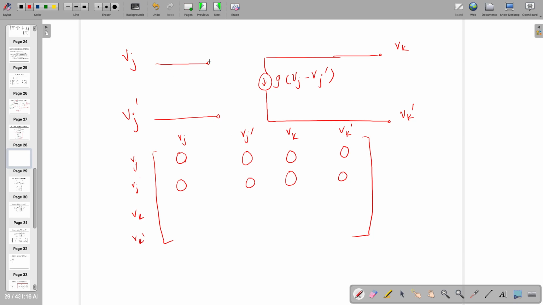Impedance is infinite, but we are writing admittance, by the way. It's 1 by infinite. That's why I'm writing 0. So what about the next part? Vk and Vj.